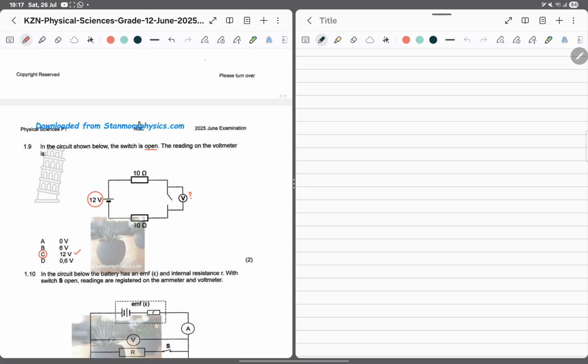Again, you may ask, why not 0? It only becomes 0 when this circuit is complete, meaning there's current flowing in the circuit. From Ohm's law, the V is equal to IR. Well, we will have I, but R is 0. Why? Because we know the resistance of the connecting wires is negligible, meaning it's too little to be significant.